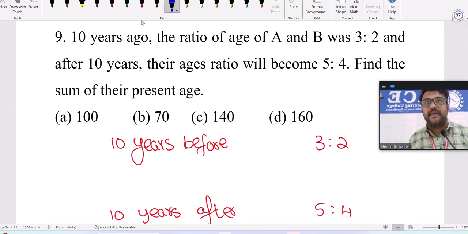Past given, future given, asking about present. Seven, 70. Okay. 70, correct.